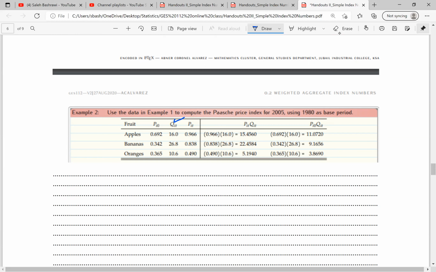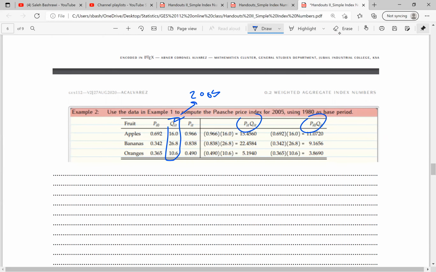So in this table, we use the same data as in the first example, and we found P_it multiplied by Q_it and P_i0 multiplied by Q_it. We use the quantities at 2005. These are the quantities at 2005, not 1980.